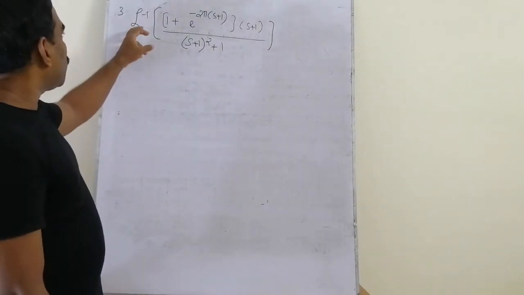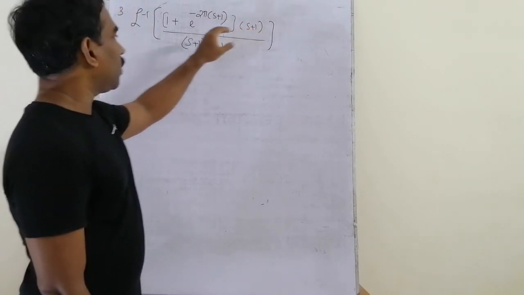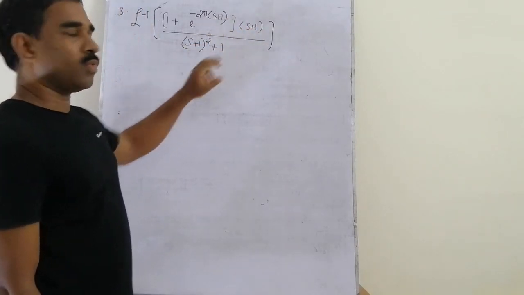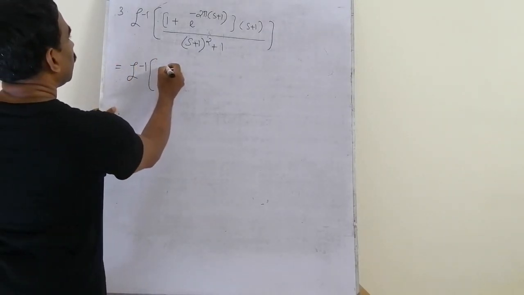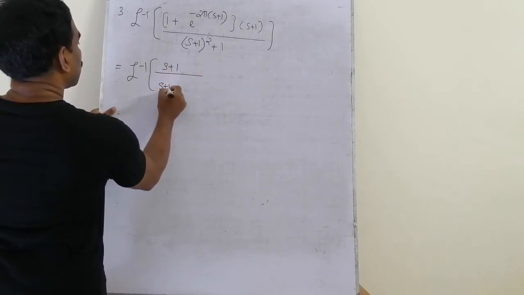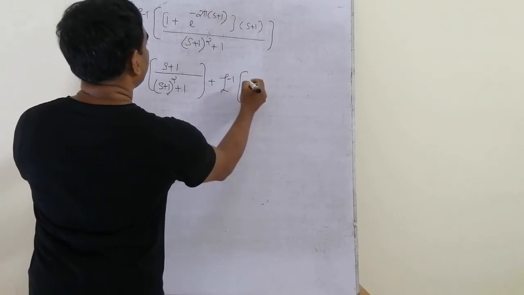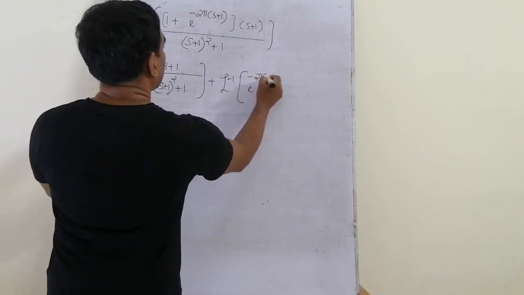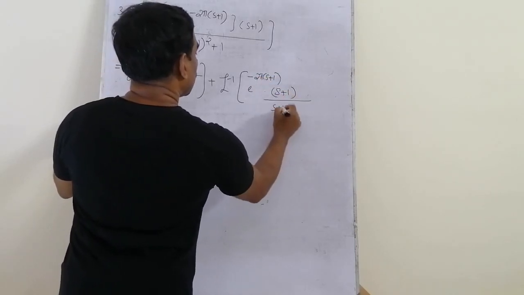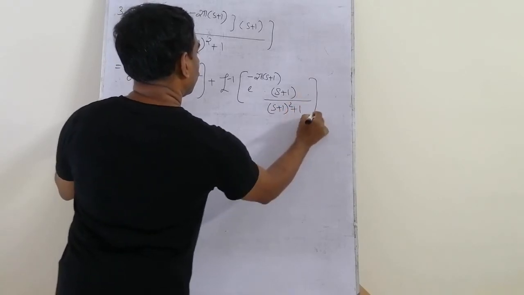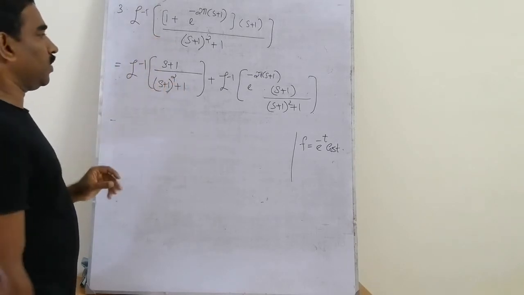Another important problem, find the inverse Laplace transform of (1 plus e raised to minus 2 pi (s plus 1)) multiplied with (s plus 1), the whole divided by (s plus 1) square plus 1. So this is equal to L inverse of (s plus 1) divided by (s plus 1) square plus 1, plus L inverse of e raised to minus 2 pi (s plus 1) into (s plus 1) divided by (s plus 1) square plus 1, and this is of the form L inverse of s by s square plus a square.